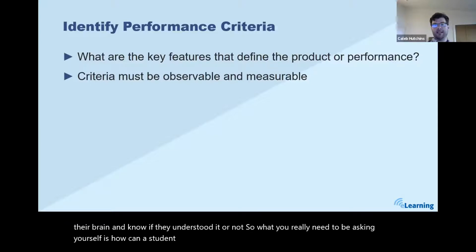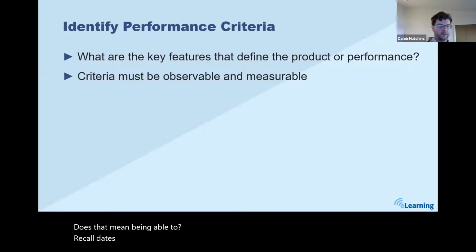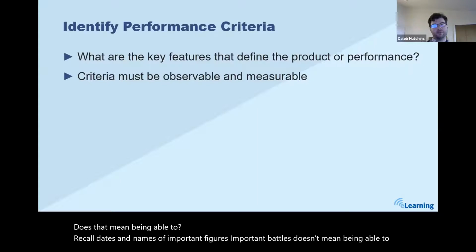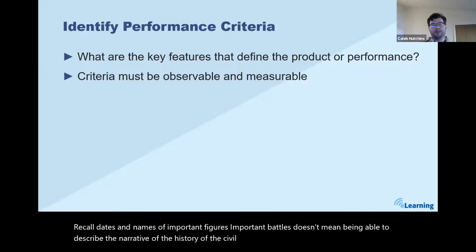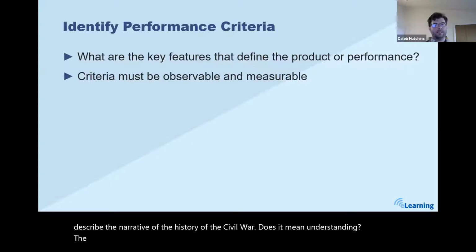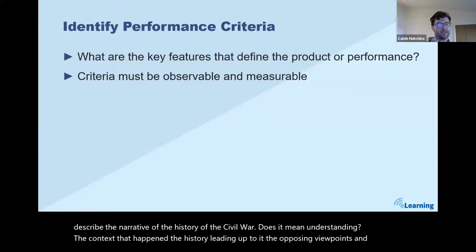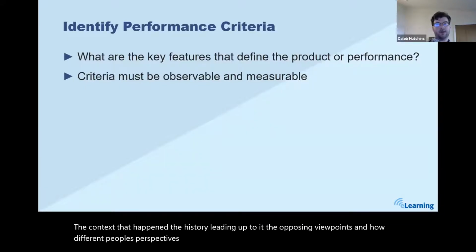Does that mean being able to recall dates and names of important figures, important battles? Does it mean being able to describe the narrative of the history of the Civil War? Does it mean understanding the context that it happened, the history leading up to it, the opposing viewpoints, and how different people's perspectives played into the Civil War?